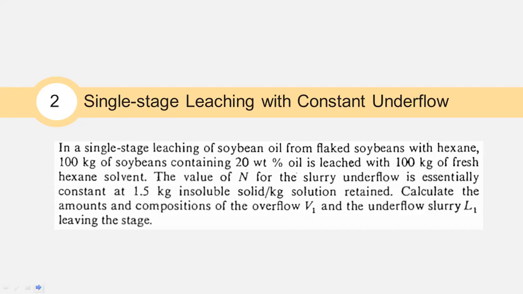The value of N for the slurry underflow is essentially constant at 1.5 kilograms insoluble solid per kilogram solution retained. Now calculate the amounts and compositions of the overflow V sub 1 and the underflow slurry L sub 1.